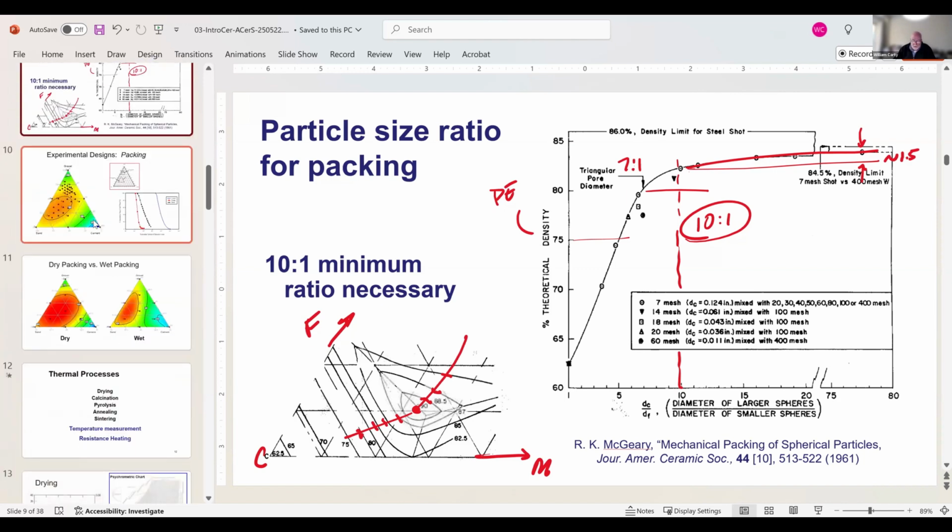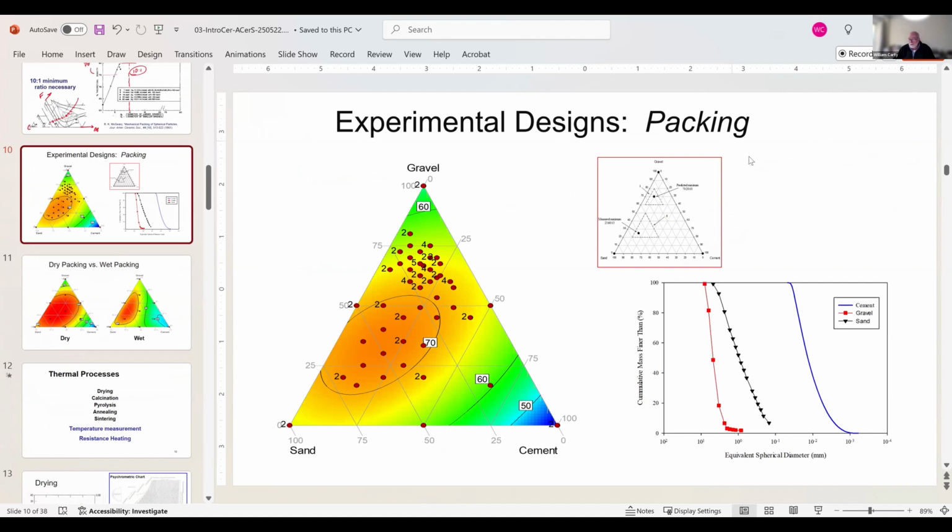we did a bunch of experimental designs on packing, and I had a student working on cements, and he said, well, cement's not a ceramic material, and I would be happy to argue with you about that. But you have three components: gravel, sand, and cement is the fine powder. So based on McGeary, we would have predicted that this triangle up here would be our optimum packing in the system.